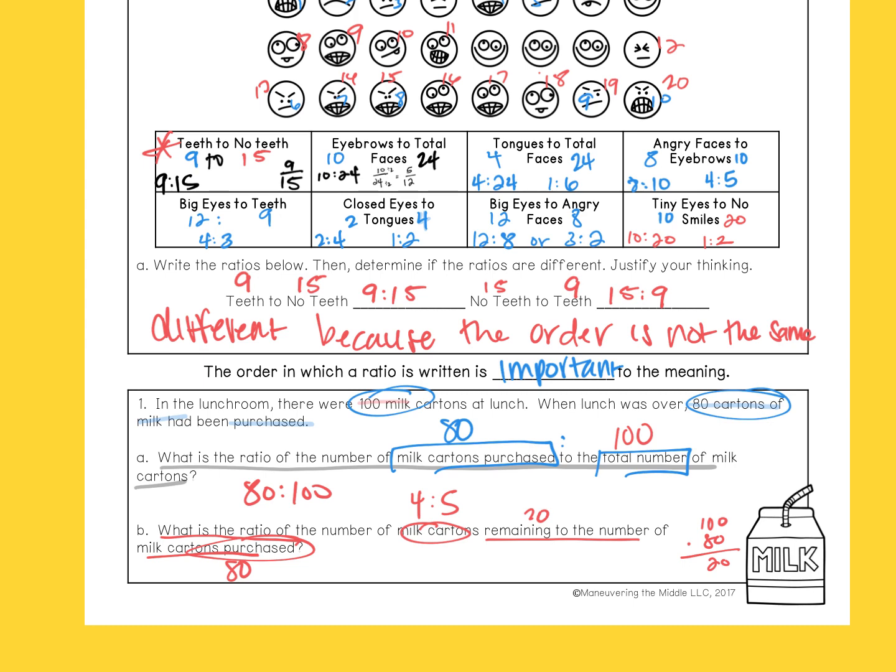So we want to know the ratio of remaining milk cartons to the milk cartons purchased. So we have 20 to 80, or we can simplify that and divide each by 20. 20 divided by 20 will be 1, and 80 divided by 20 will be 4. So the ratio of milk cartons remaining to milk cartons purchased is 20 to 80, or 1 to 4.